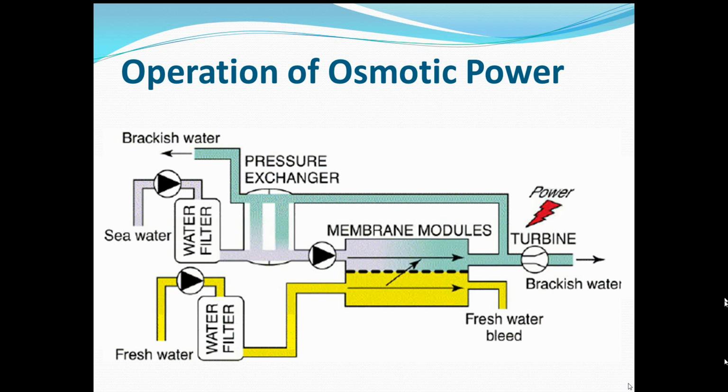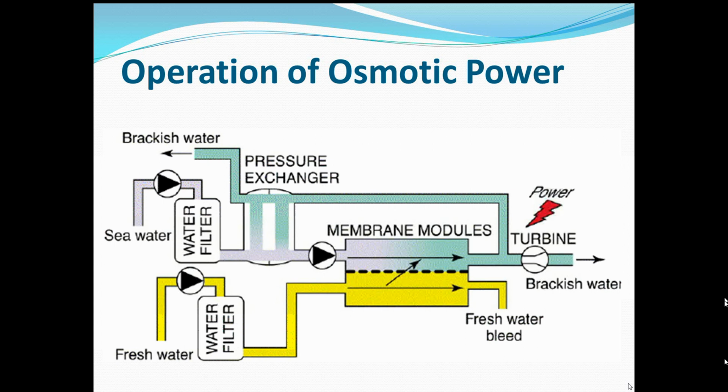This would damage the membranes, because 80% of the cost of this osmotic power plant is used for the membrane development. So once the membrane gets damaged, it takes a lot of cost to refurbish it.